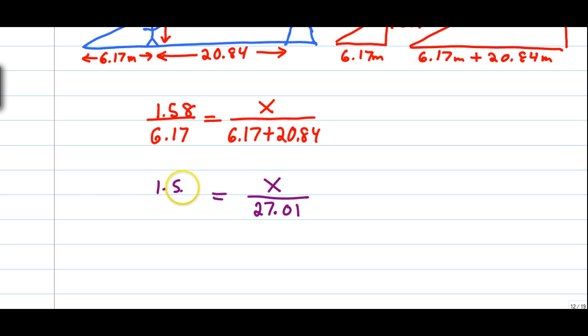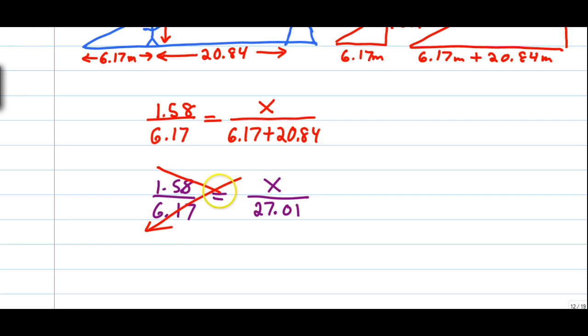We'll pull everything else down. So we have 1.58 over 6.17. To complete this, we're going to take the cross products.